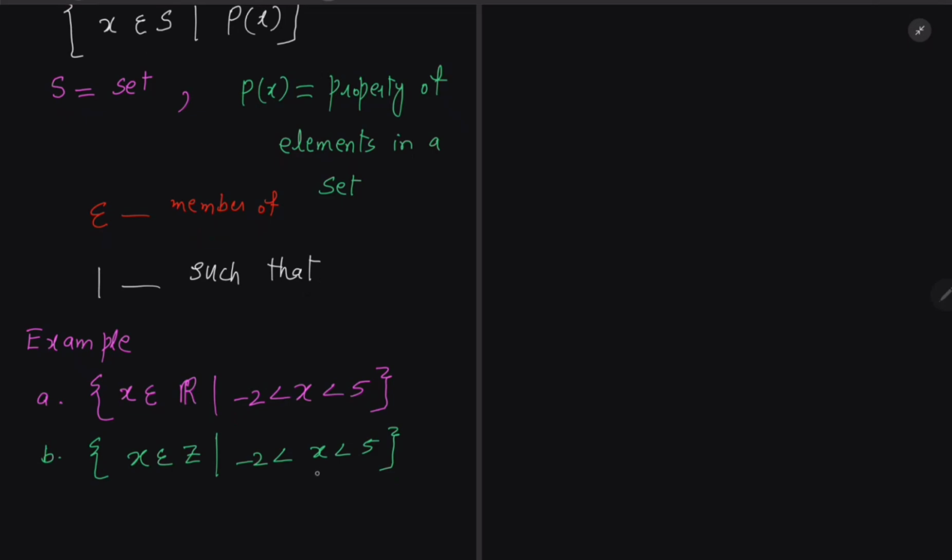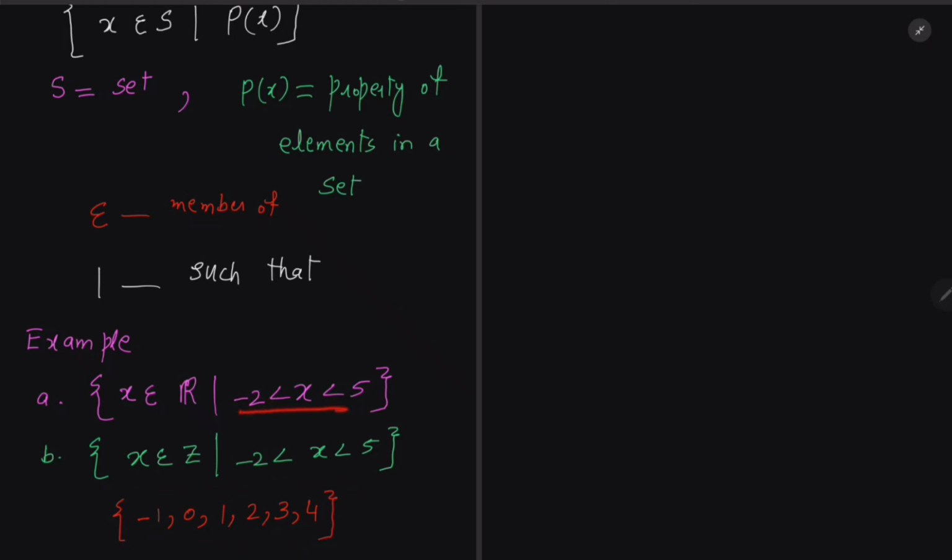So we can write this as -2, -1, since -2 is not included, -1, 0, 1, 2, 3, 4. So this is the set of the above question which was written in set builder notation.